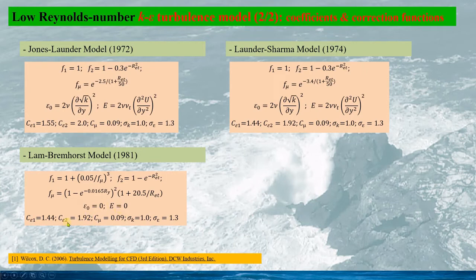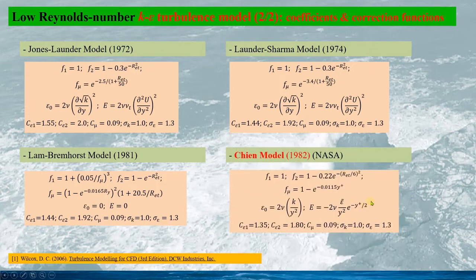The closure coefficients are given here. And in 1982, Chien used a similar idea to the Jones-Launder model, so defined the functions and the coefficients. So the functions and the closure coefficients are given here.